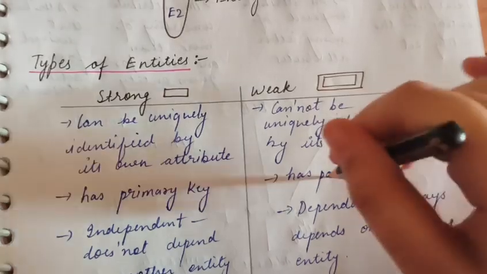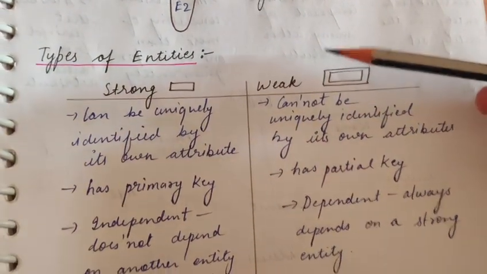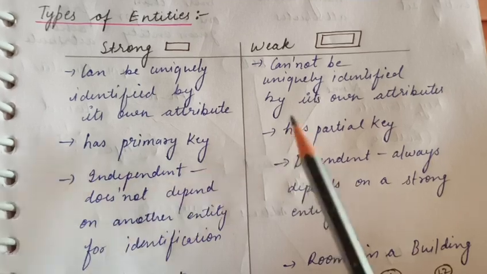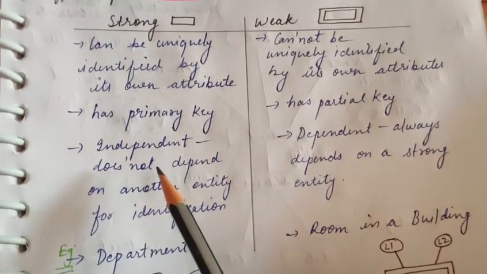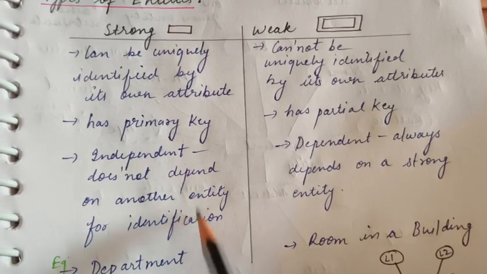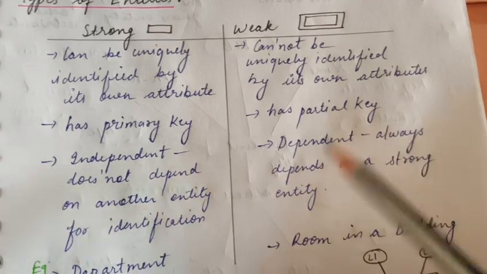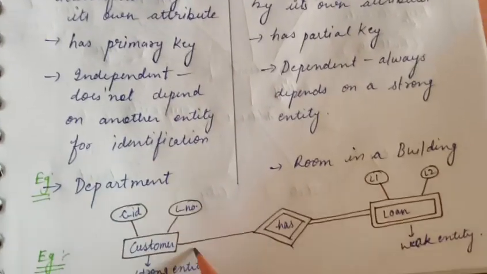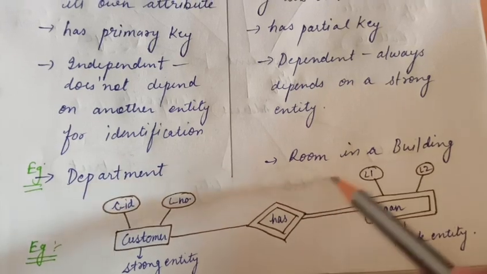Okay, a weak entity is associated with an identified entity. It means it is a partial key. Okay, it is independent, does not depend on the another entity for identification. It always depend on the strong entity. For example, there is department and there is room in the building.